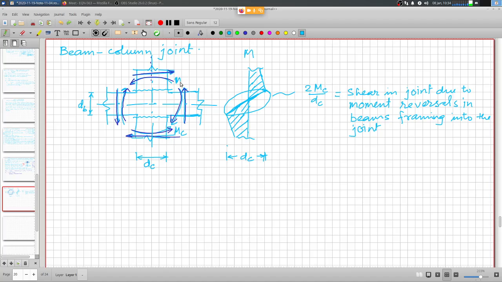This is MC. There is a shear force in the columns. So this is the shear force that is coming in, and then there are issues related to the horizontal shears because of the reinforcement yielding, the horizontal forces in the beam, and those are also transmitted across.